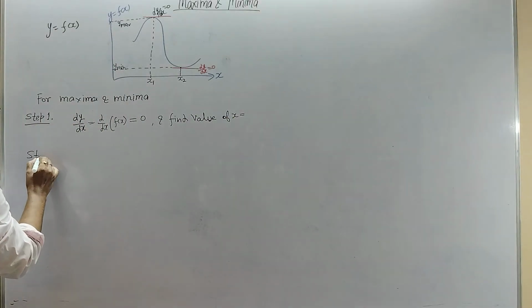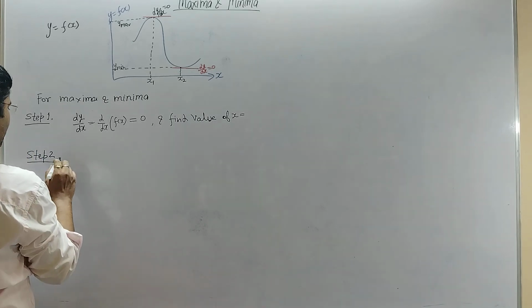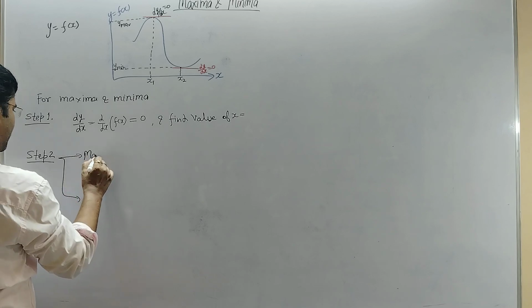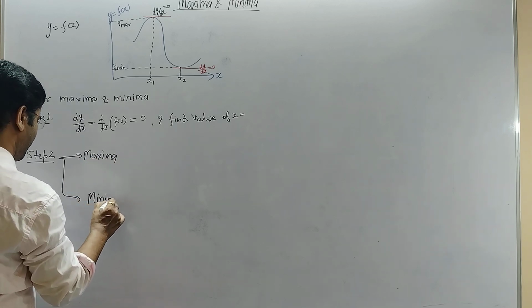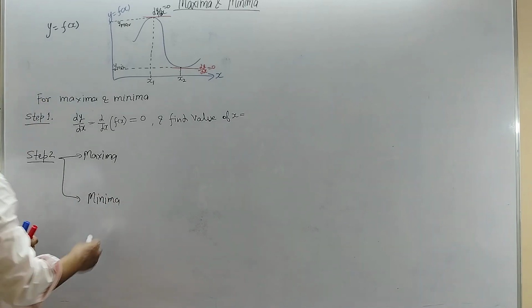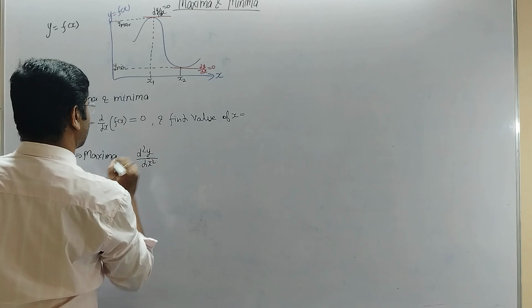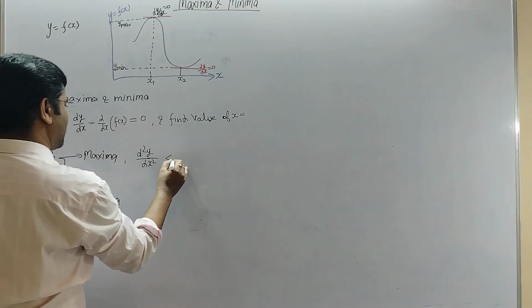Second step. In the second step I will take two parts: first for maxima and second for minima. If I want to find the maxima, then the double differentiation d square y upon dx square will be negative.